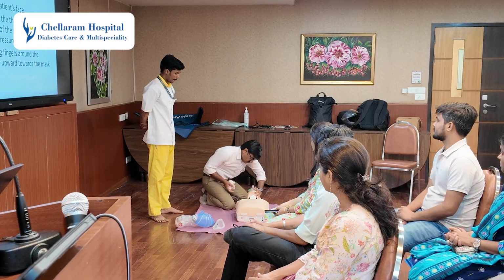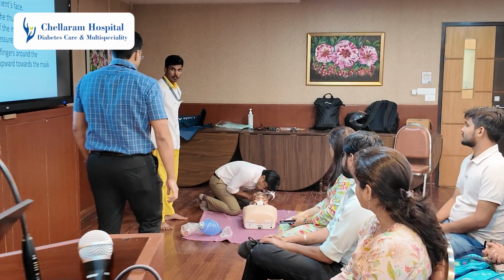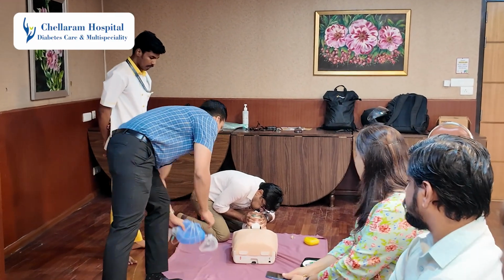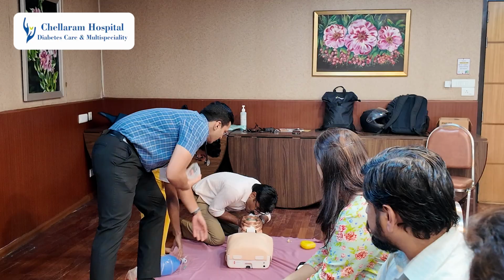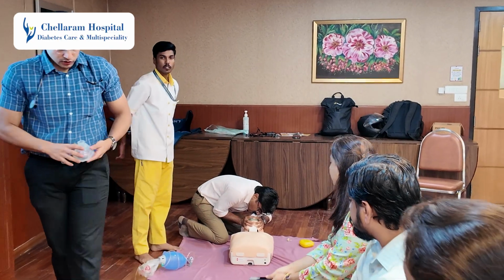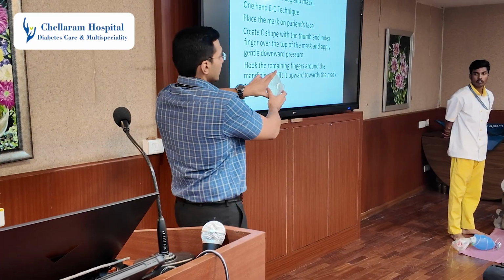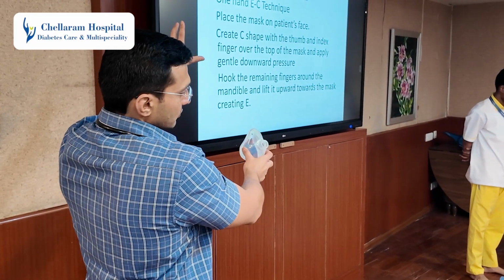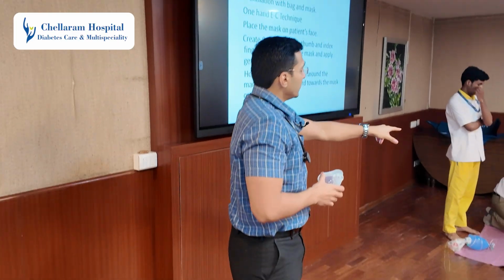And hold it. So you will give, you can see chest rise. Are you able to see a chest rise here? Okay. So while holding the mask, if you see how he is holding, yeah. So there is a C and E technique there.